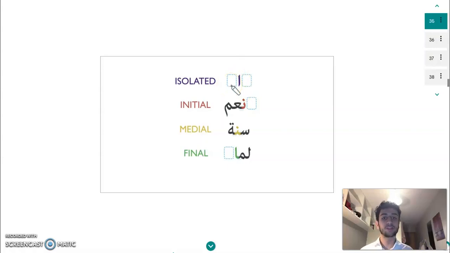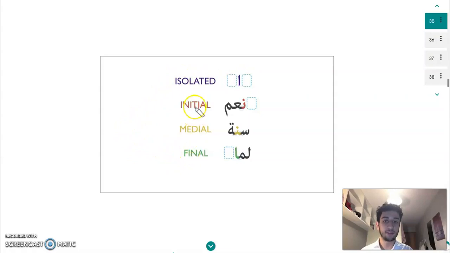Now, some letters in the Arabic language have special cases, and they don't have the 4 different forms of the way they are written. For example, the first example we used, the letter alif, only has the isolated and the final form.